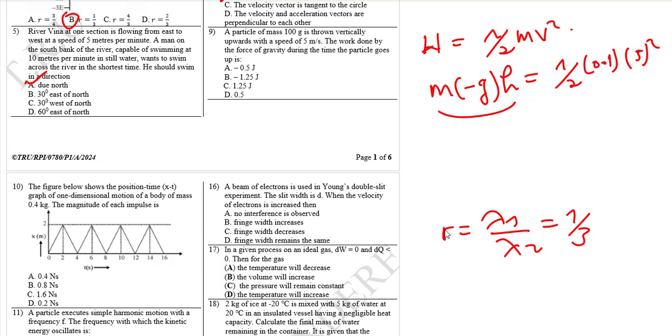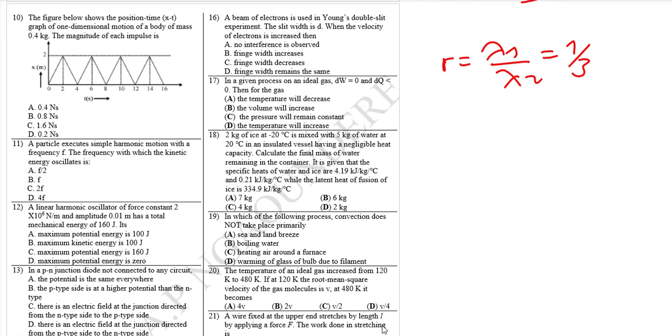Now this is our energy, so this will be negative, so I can just call that work done to be negative W. Now if I bring the negative the other way, it means I will have W equal to negative half into 0.1 into 25. Now 25 divided by 2 is 12.5 times 0.1. It will be negative 1.25 joules. So the correct option here is B.